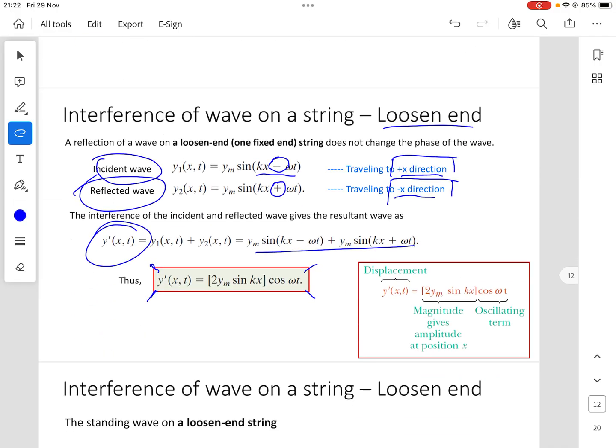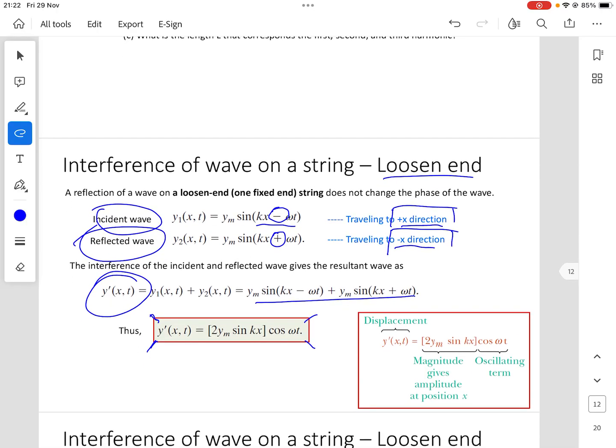Let me remind you, when two waves move in the same direction, in this case positive x, the resultant wave is 2ym cosine of half the phase difference, multiplied by sine(kx minus omega t plus half of the phase difference).